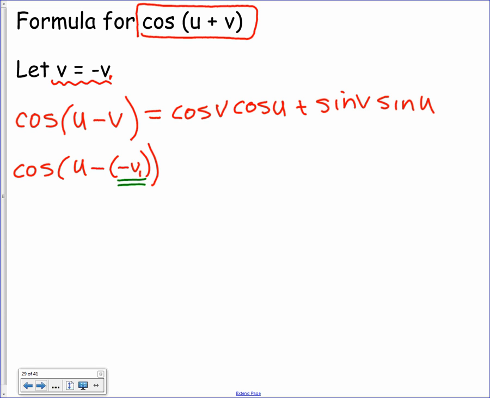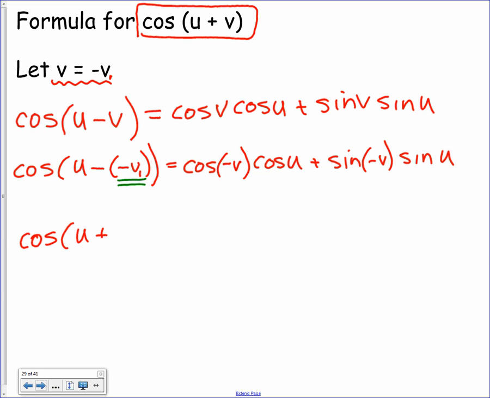So this is the cosine of negative v cosine of u plus sine of negative v sine of u. And then we're going to think back to odd versus even. Think back to odd versus even. This simplifies to cosine of u plus v.